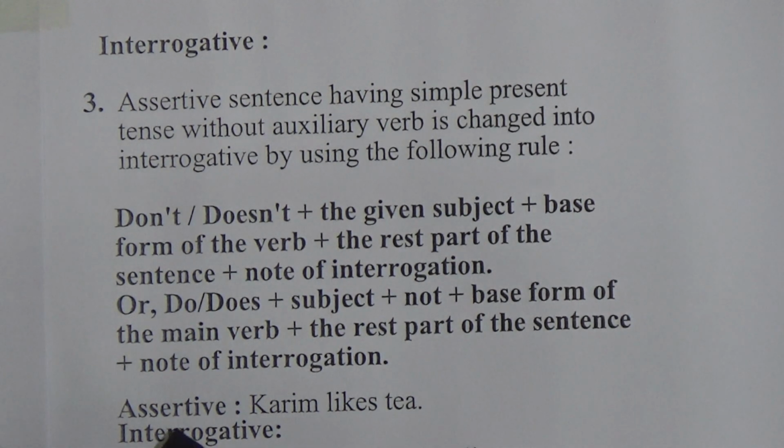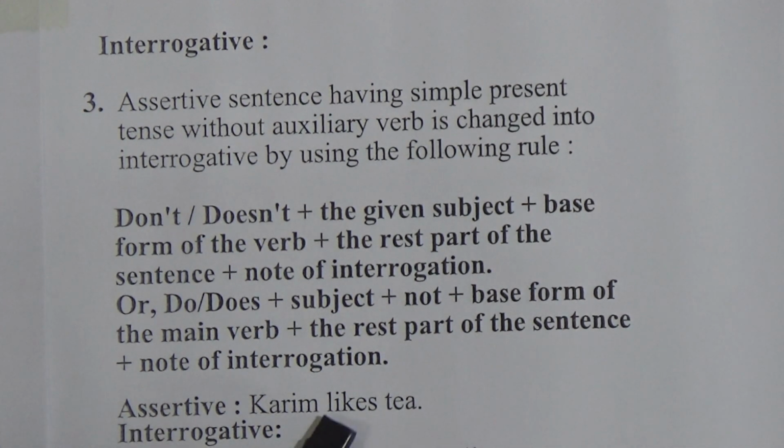Okay, let's do this exercise. Karim likes tea. Now look at the verb like. We add s at the end of the word like. That means this is the simple present tense or present indefinite tense.